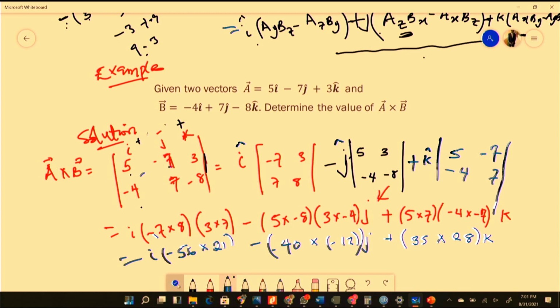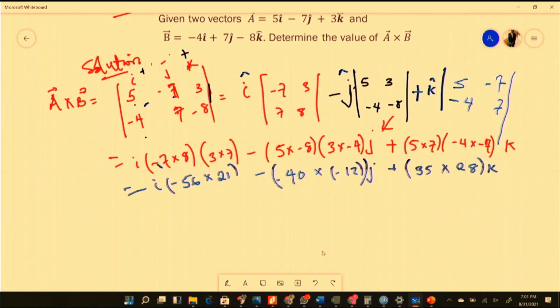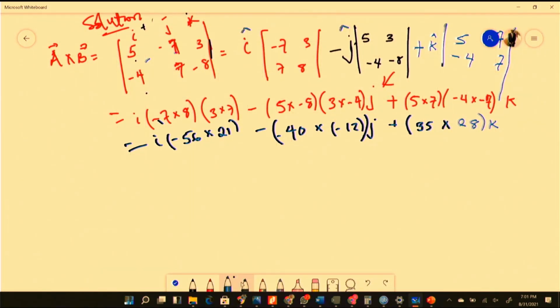So we are getting closer. So finally, we can have minus 56 times 21. So something is missing here, and who can identify it? Something is missing, and it's very important we fix it.